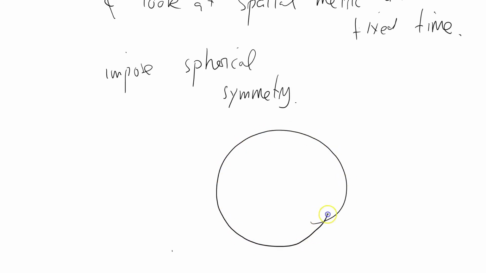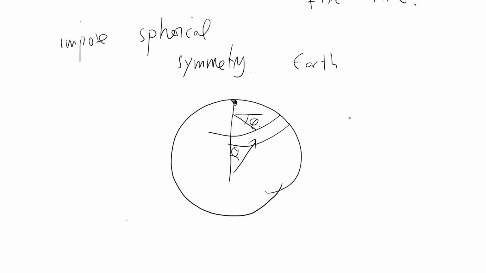If I've got just a normal... this is the surface of the Earth, right? And I'm going to consider a nice spherical coordinate system here. That's theta and that's phi there. In that coordinate system, the r is fixed.